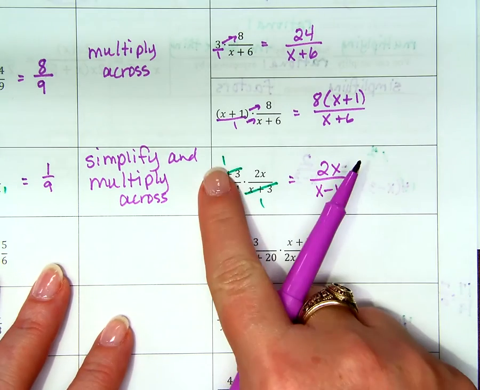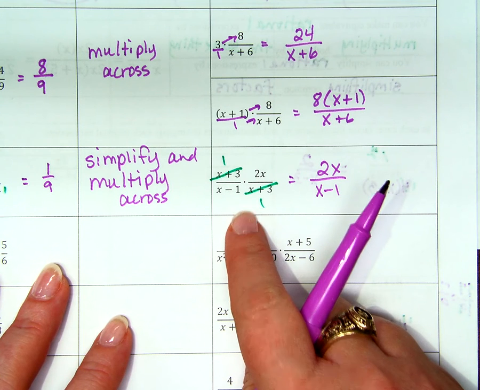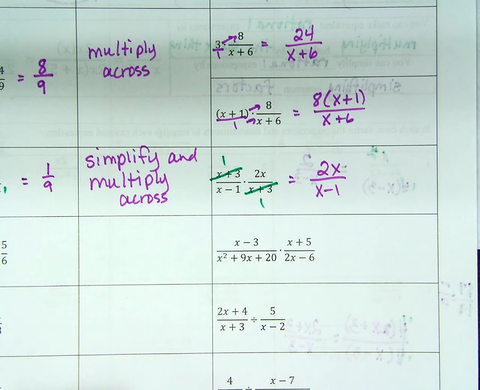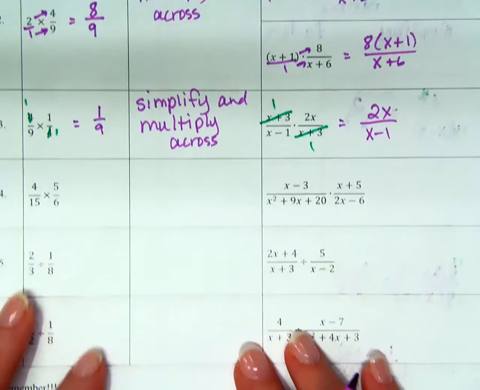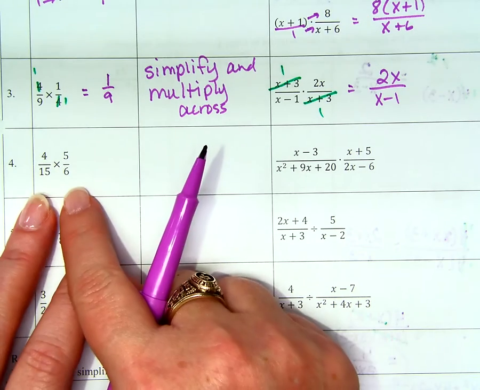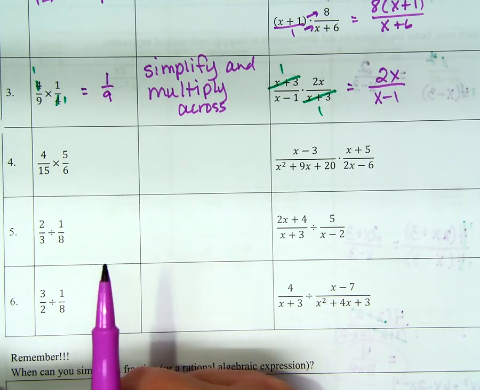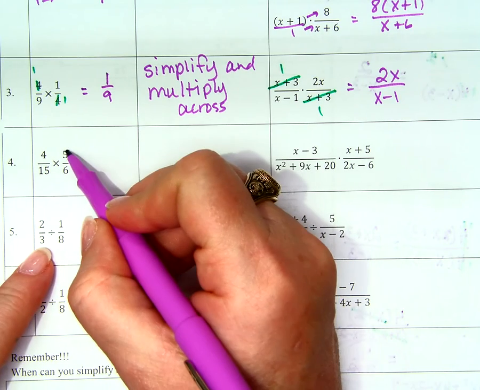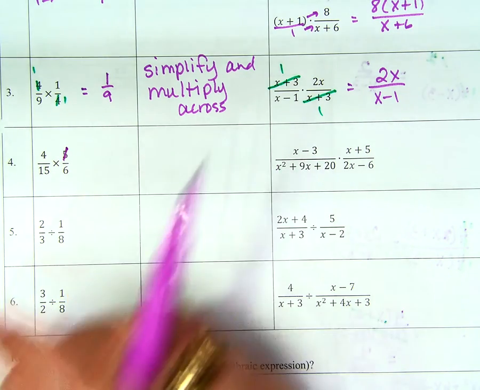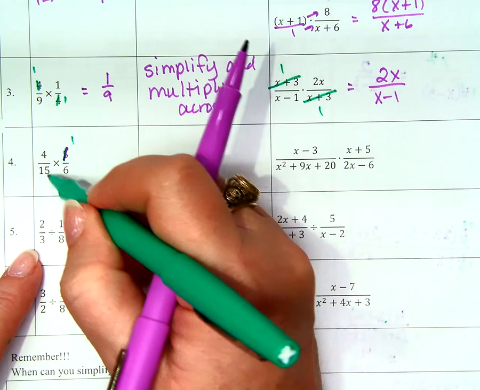Now, why am I making sure I put a 1 here and a 1 here? I mean, is it really that important? Okay, we'll see. What about number 4? What do you want to do? Oh, 5 and 15? You want to do that right away? 1 and 3.